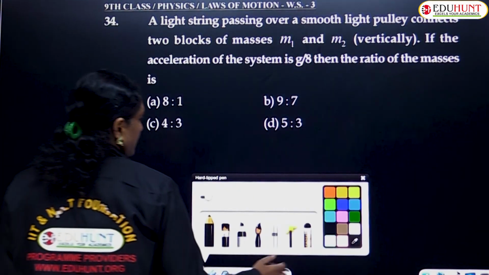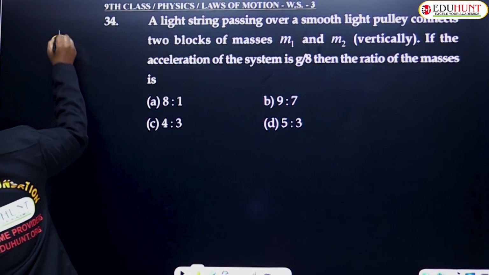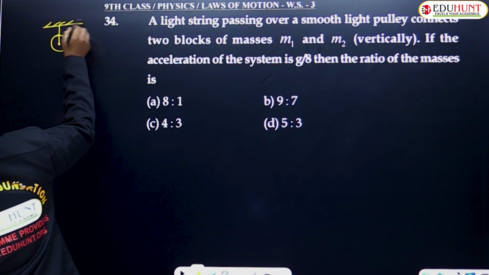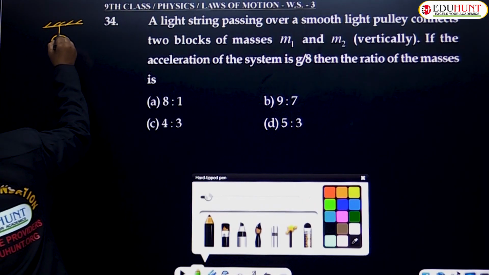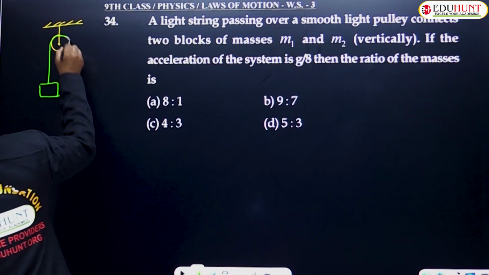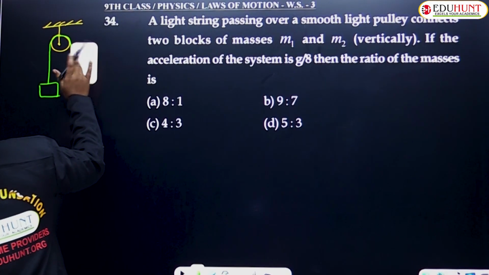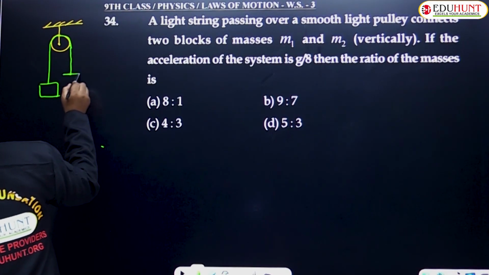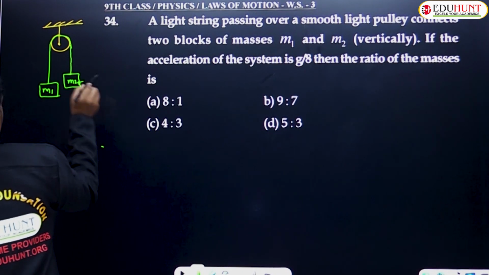So for this, let us first imagine a system connected with a pulley, and over the smooth frictionless pulley a string is passing, to which masses are attached. Let us suppose that one mass is m1 and the other mass is m2.